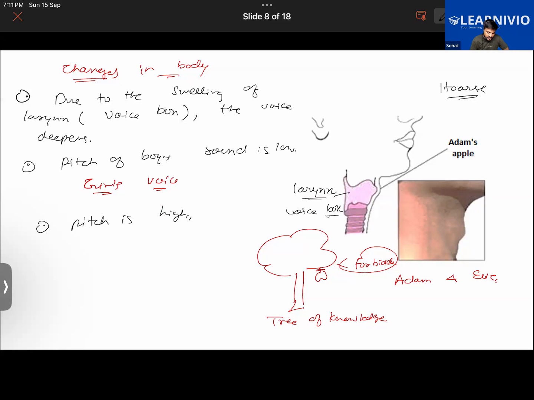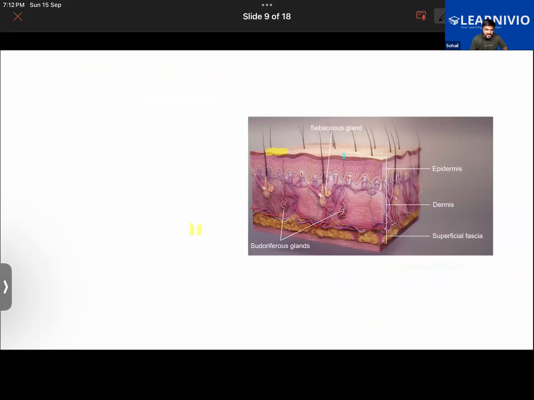But in the case of girls, their pitch is high because of a high frequency sound. So that was all about the change in the voice.